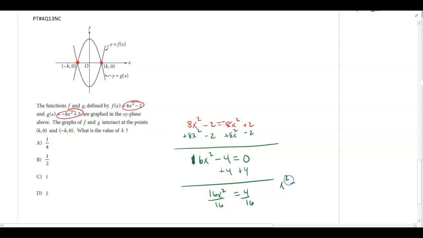Divide by 16. X squared equals 4 over 16. And now, if I reduce that, x squared is equal to 1/4. So, take the square root of both sides. X equals plus or minus the square root of 1 over the square root of 4, which is plus or minus 1/2. So, k is going to be letter B, 1/2.